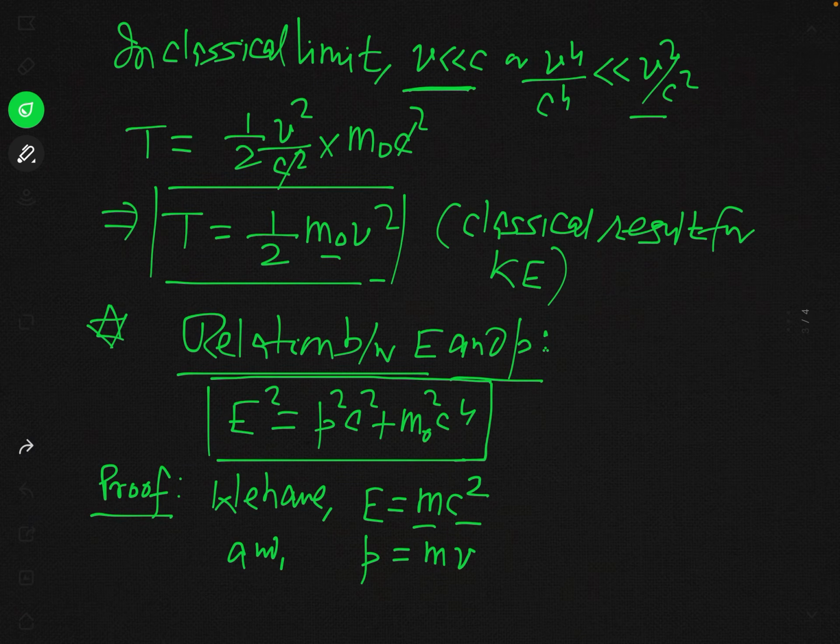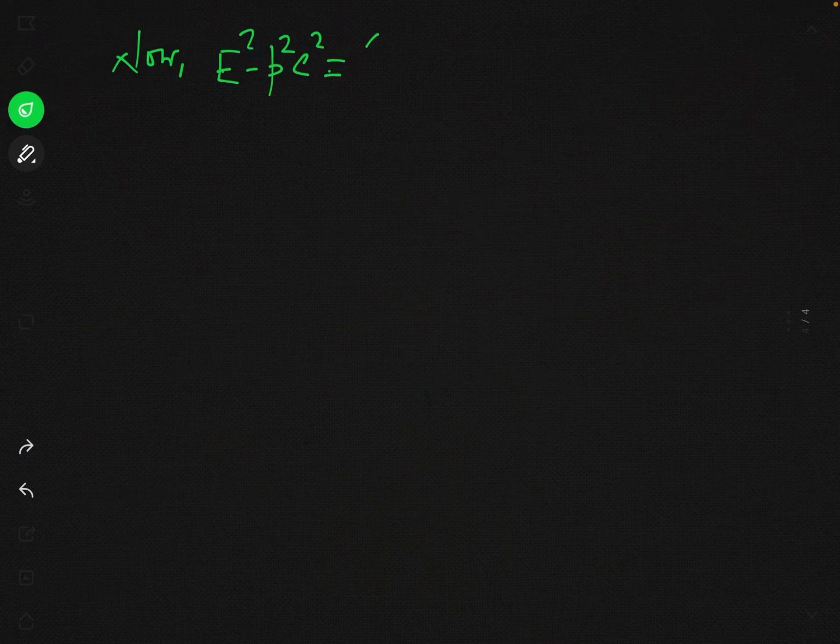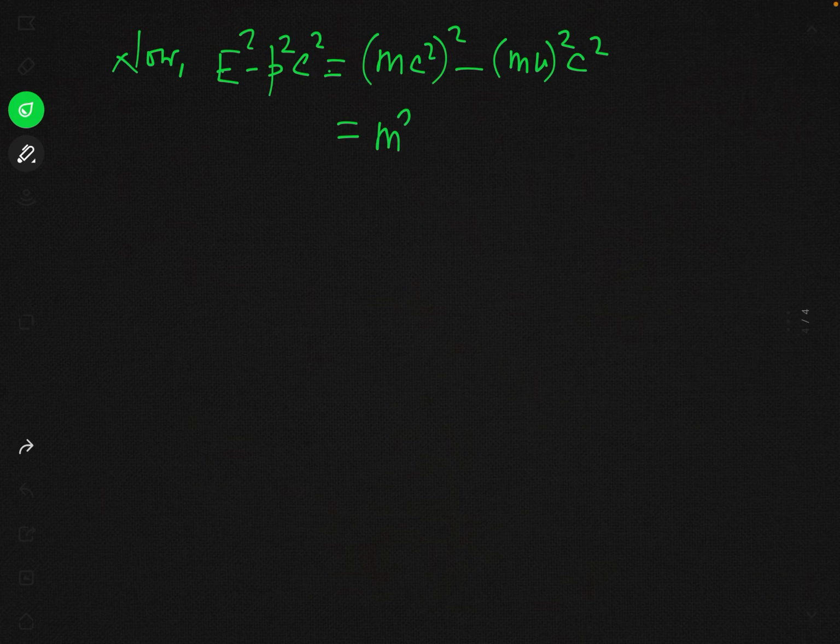Now let us find the value of E square minus P square C square. You have seen just now that E is equal to mc square. So you can write E square will be equal to (mc square) whole square, and P is mv, so this will be (mv) whole square into C square.